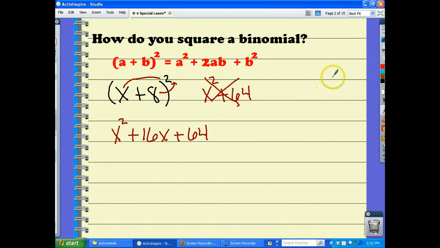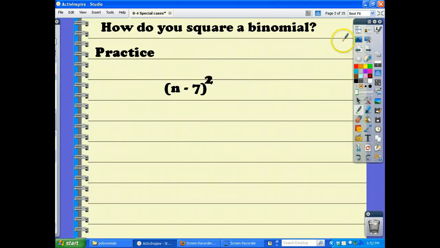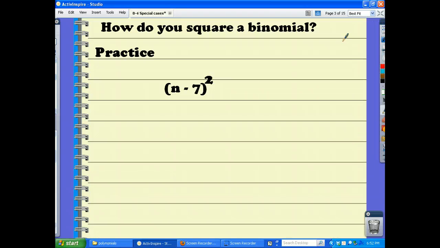All right, let's do another one. Now this one has a negative in the middle. It's not going to change a thing. It's not going to change any bit of our process. Just pay close attention to the negative. That's the only difference. So here, I say n squared, just fine.